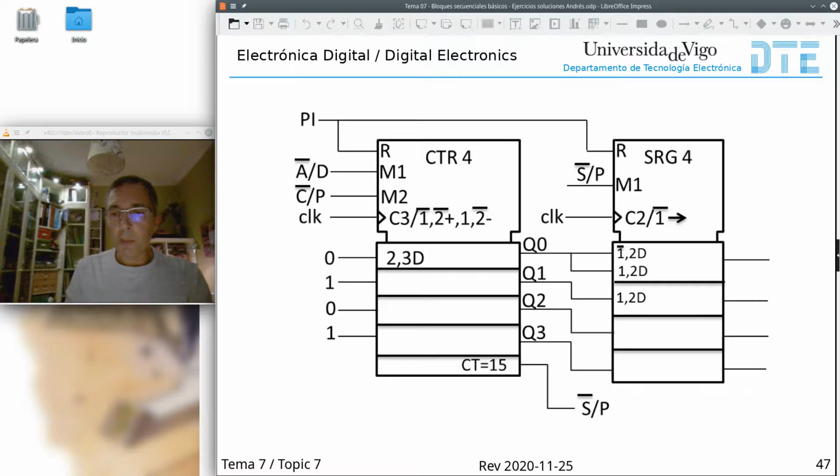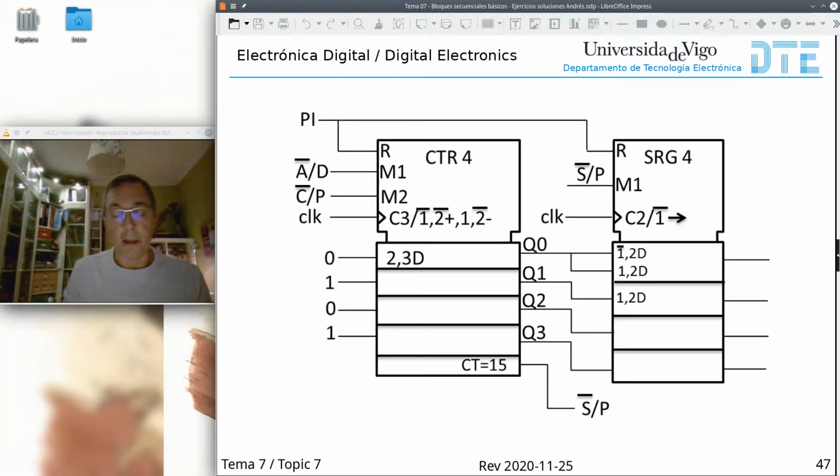The SP signal, the shift or load in parallel signal, is connected to the propagation counter. That means when the counter has finished, it has reached the last number, it propagates a pulse, so the next counter can count, or here we're going to use it to load this value into the shift register.